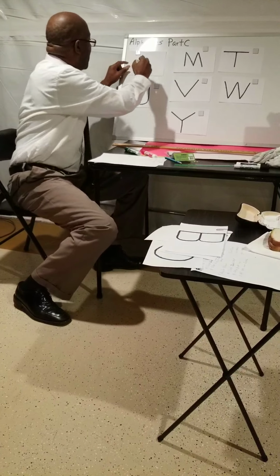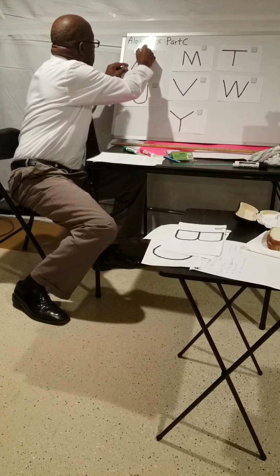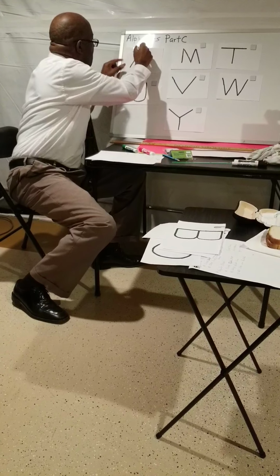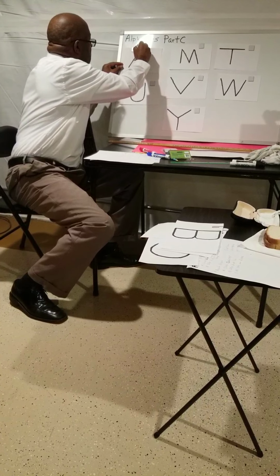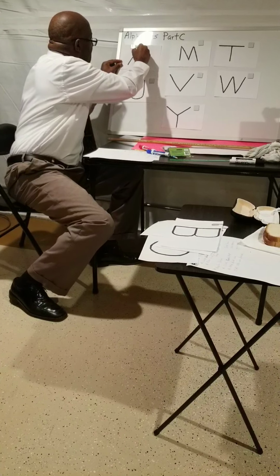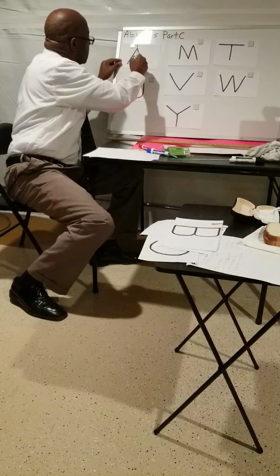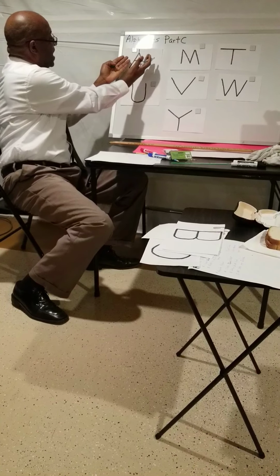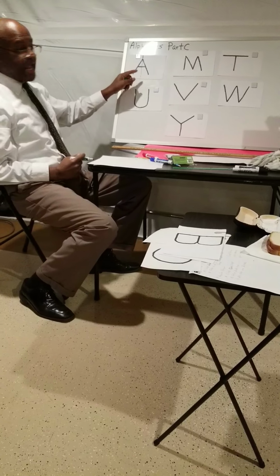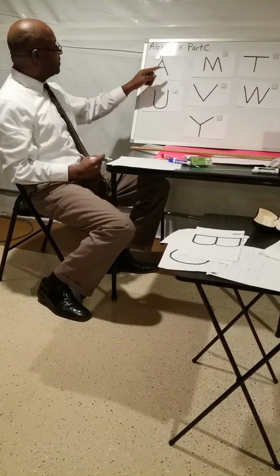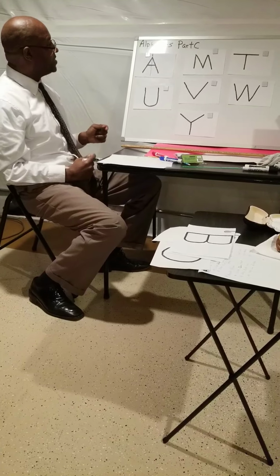So let's do that. Let me use this green one. So straight down the middle. And as you can see, if you fold that on top of one another, that becomes a line symmetric alphabet. Fold on top of each other.